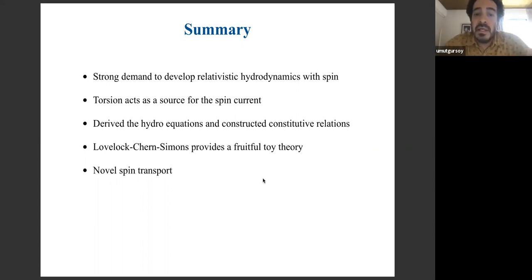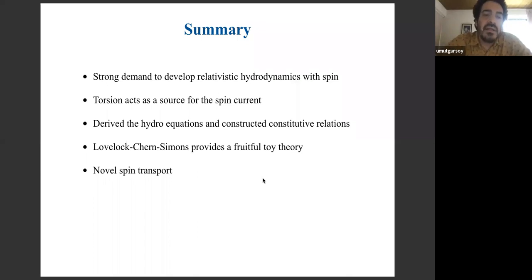And I argued that torsion is acting as a source for the spin current at the zeroth order. So this is what I want to describe in hydrodynamics. So we've derived the hydro equations for the spin current and the energy momentum tensor in the presence of torsion, and constructed constitutive relations up to identifying, of course, the dynamical variables, etc. So this is something that is left to do.